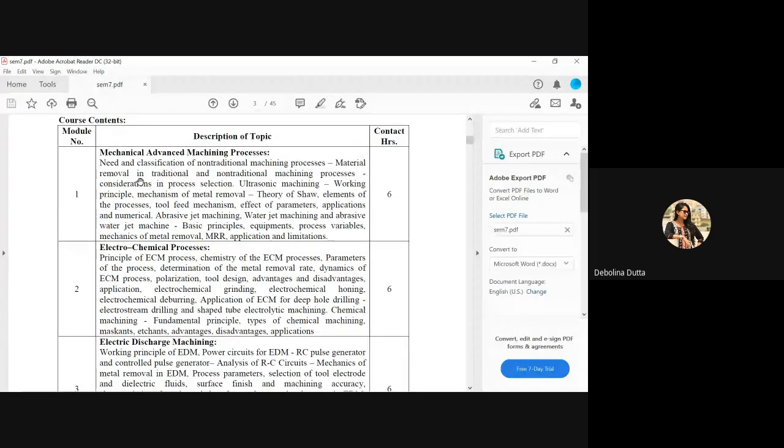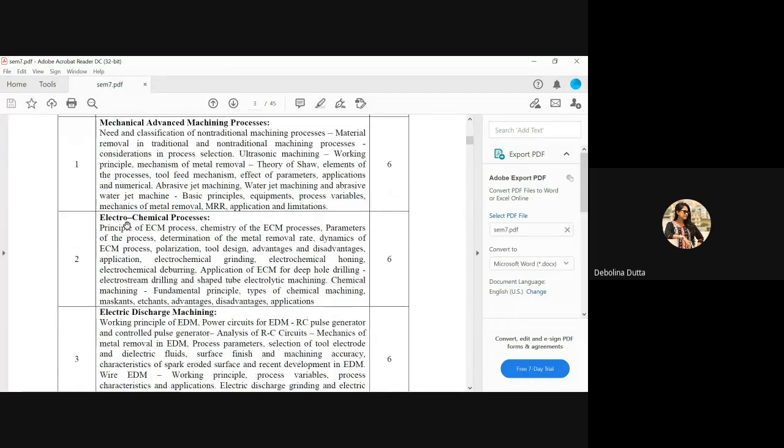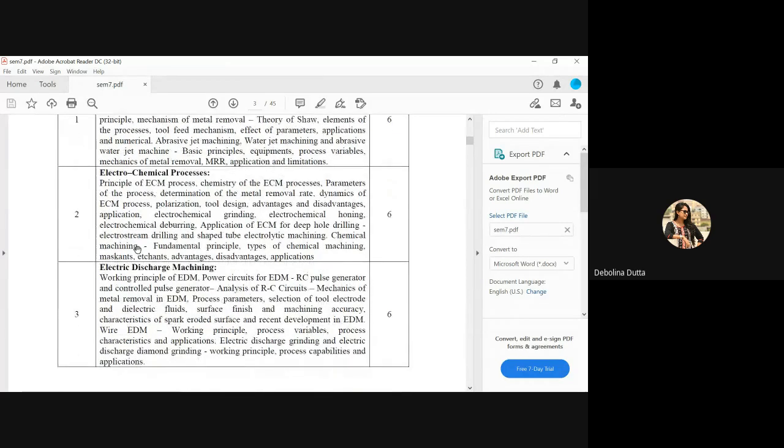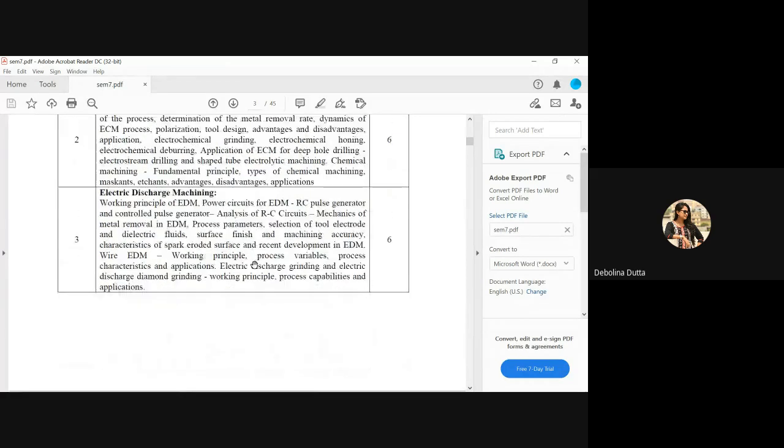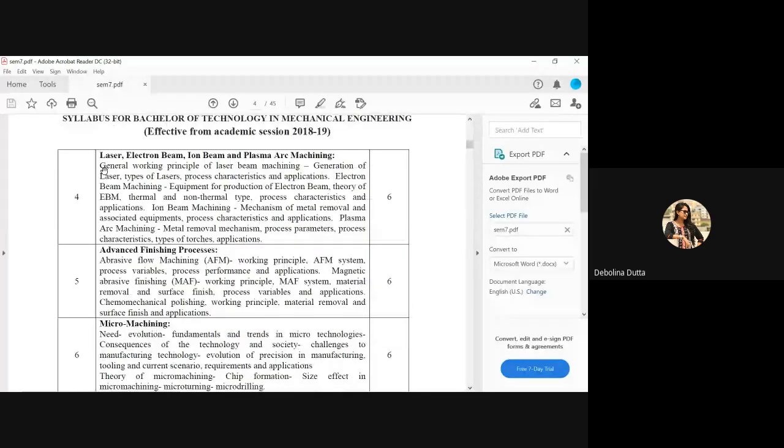So what are the non-conventional or non-traditional machining processes we have? We have water jet machining, abrasive jet machining, ultrasonic machining, electrochemical machining, and EDM, electro discharge machining. Later we will have laser beam machining, electron beam machining, ion beam and plasma arc machining.